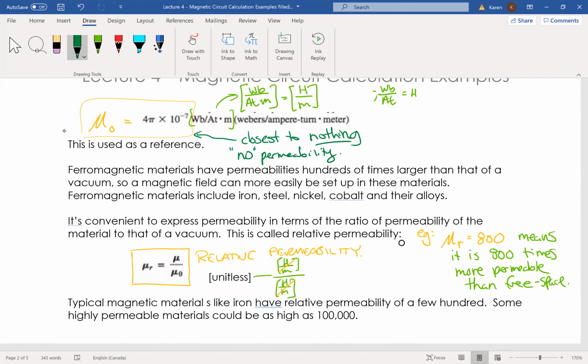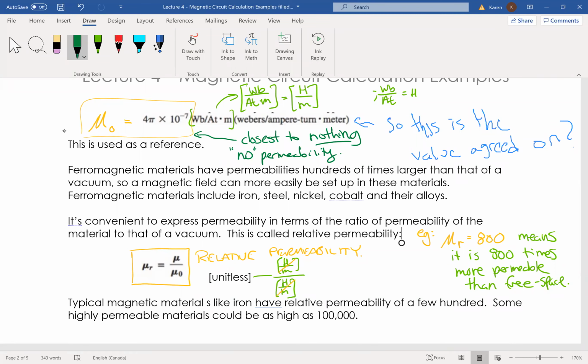Can permeability actually get less than 4 pi times 10 to the negative 7? In reality, it can happen in our world. We are learning this so that we know electric machinery, and it cannot happen. So we are going to be above that of free space. And this is a value that is agreed upon as a standard to start with. This is agreed upon as no permeability. So now I look at, let's say, plastic.